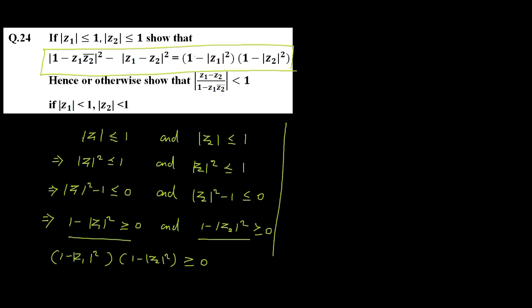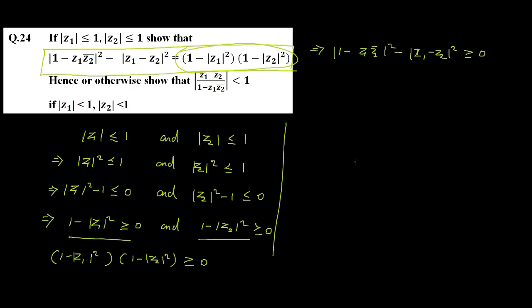So if the left part of this statement is greater than or equal to 0, I can write it implies |1 − z1 z2 bar|² − |z1 − z2|² ≥ 0.